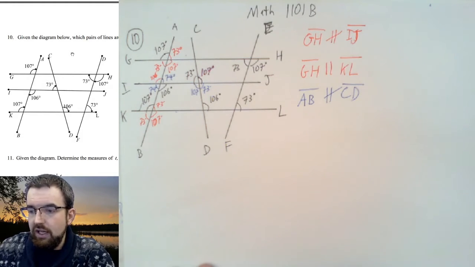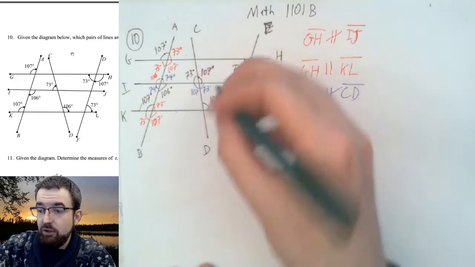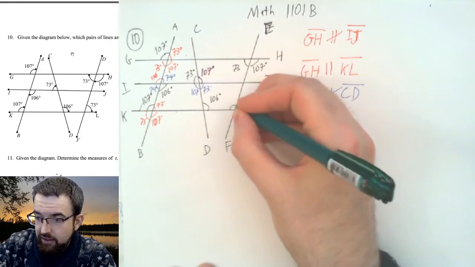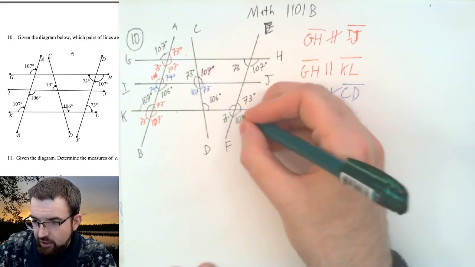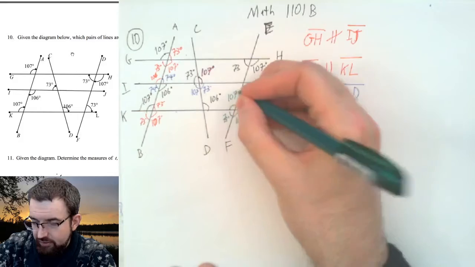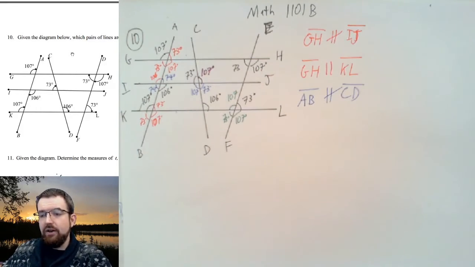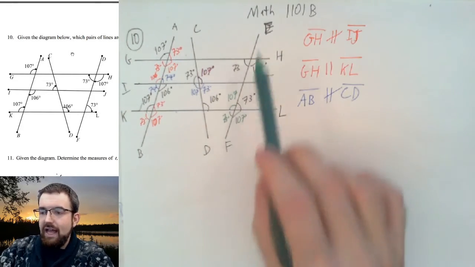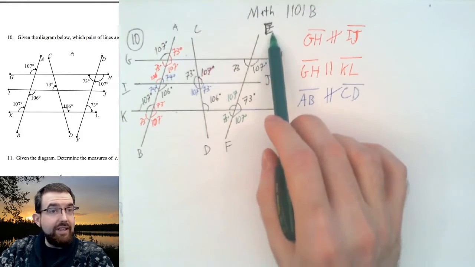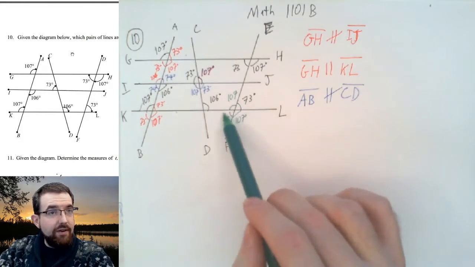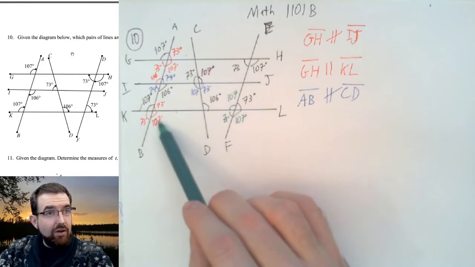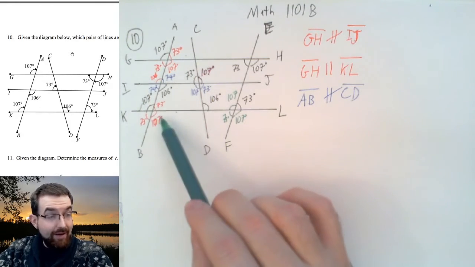So let's go in and start filling out this last one over here now. So we've got our 73. If this is a 73, we know this is a 73. And we know this is going to be 107, and this one's going to be 107. Okay. Now, line EF, we see that all the angles around this point are the same as all the angles around this point, right?